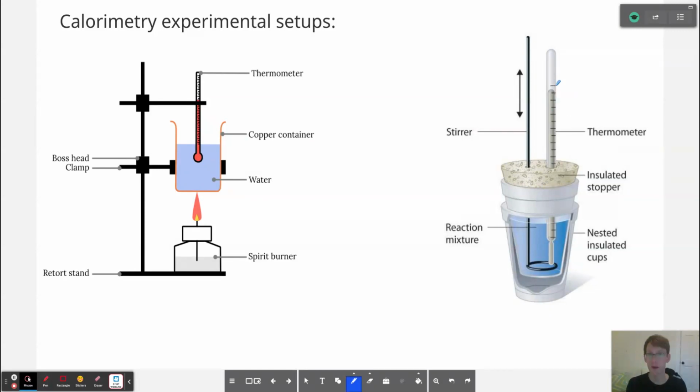Once it reaches some kind of maximum, then you know you've taken in all of the heat that could be accounted for, and you can again use Q equals mc delta T for that.